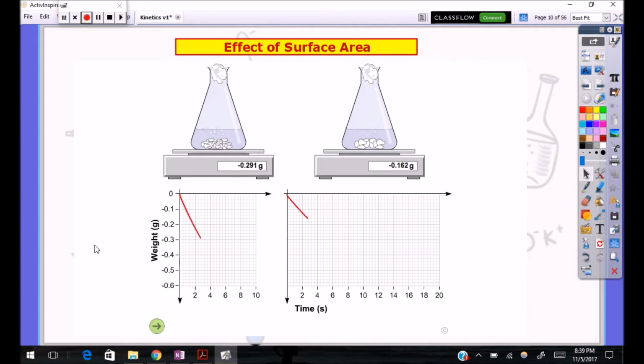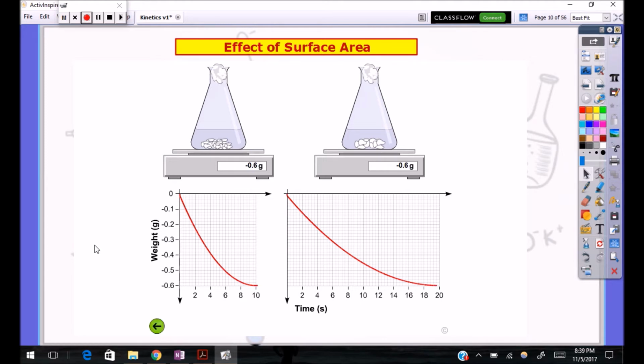And the nice thing is these graphs are beautiful. As these things dissolve, the mass of the chips changes.